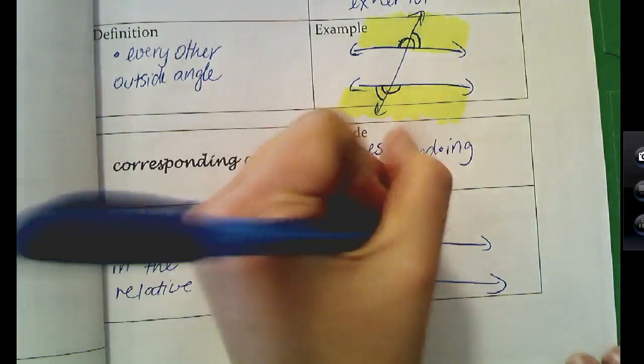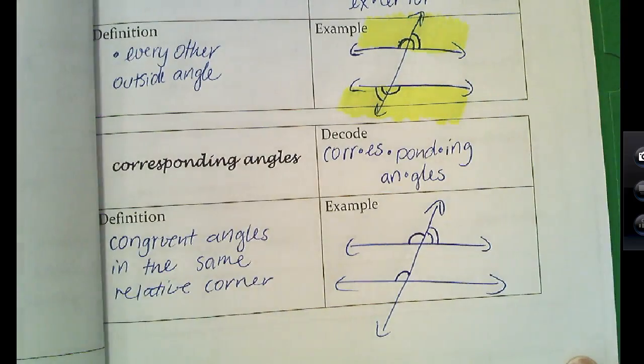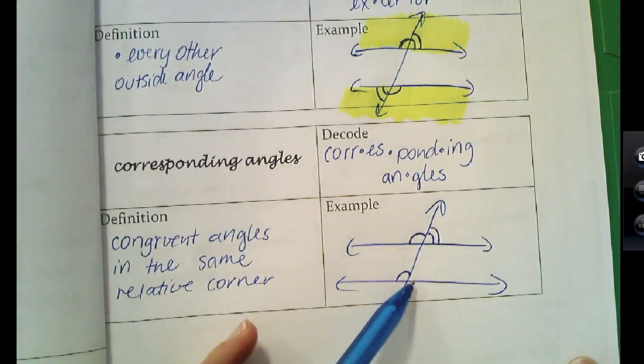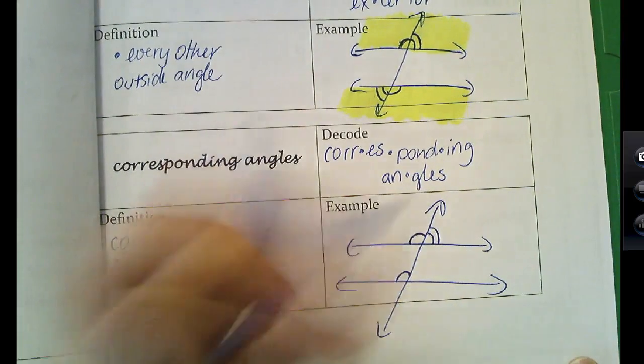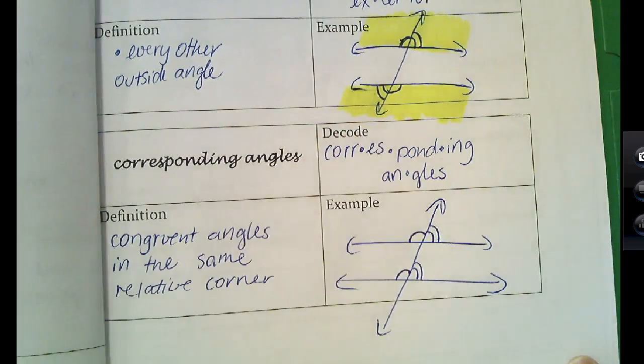Now, let's go to the upper right-hand corner and put two congruency marks this time. If we're in the upper right-hand corner up here, where do we have to go down here? Upper right-hand corner. Yep, we're in the same relative corner, so put two congruency marks there.